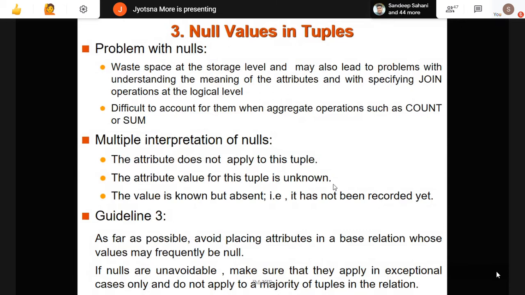Third, the value is known but absent right now, so it has not been recorded yet. That is the third meaning of null value, which I already covered in the null values concept in SQL queries and when we started with relational algebra. So null value means right now I don't know the value, and I'll add it later on, or the attribute I added is of no use, so just keep the value as null.